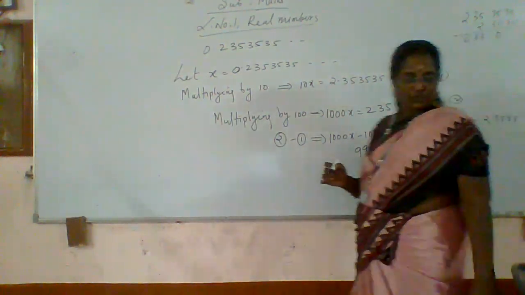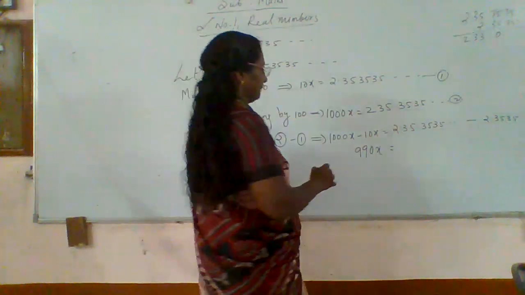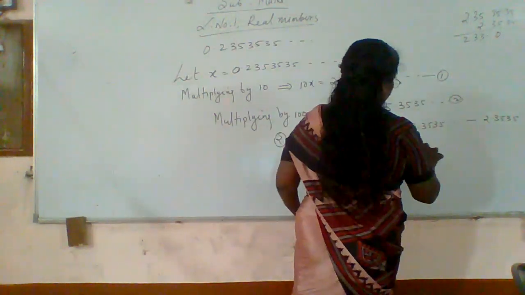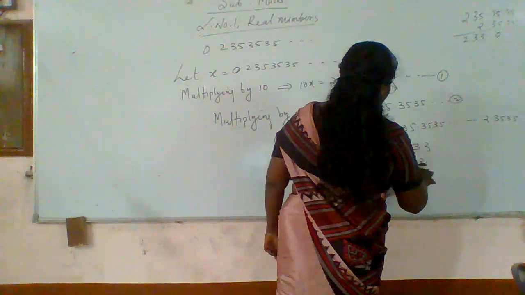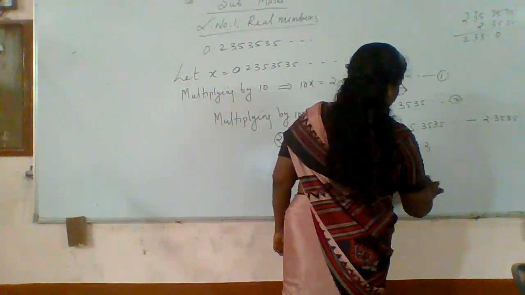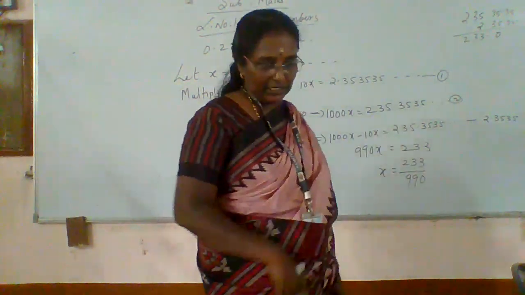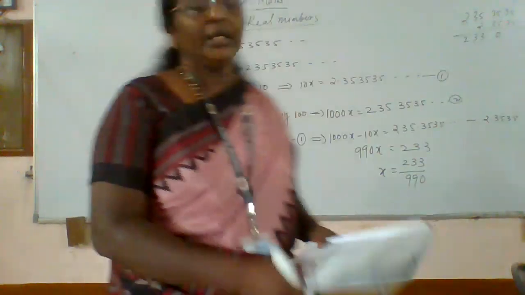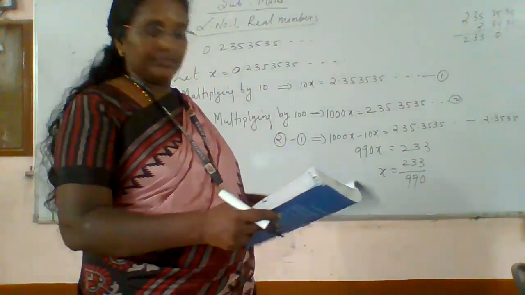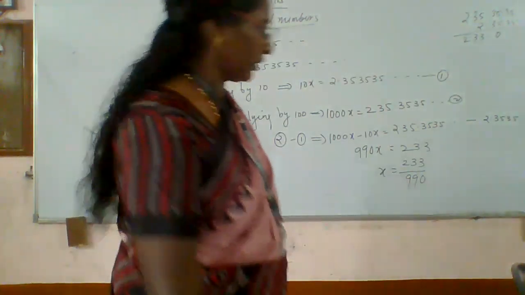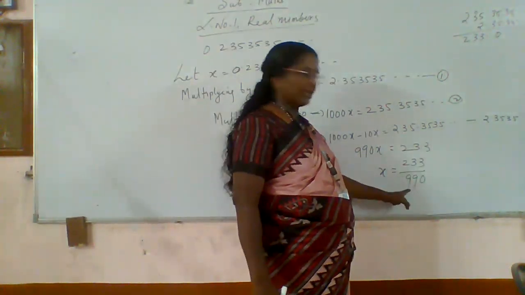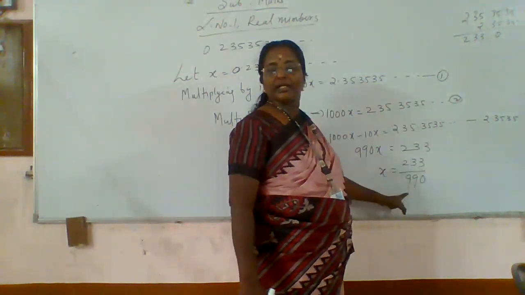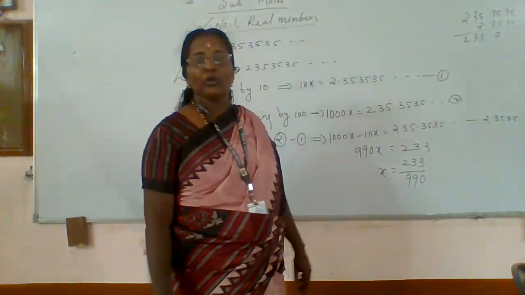So what did you get? 233. Therefore, x is equal to 233 divided by 990. So you got it in the P by Q form: 233 by 990, where 233 and 990 are integers and 990 not equal to 0.